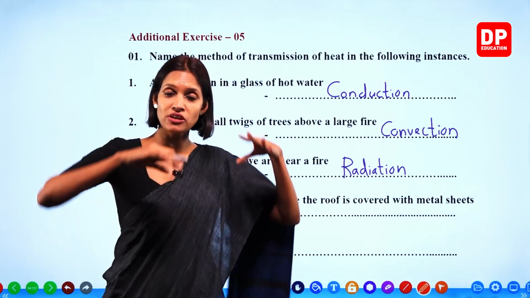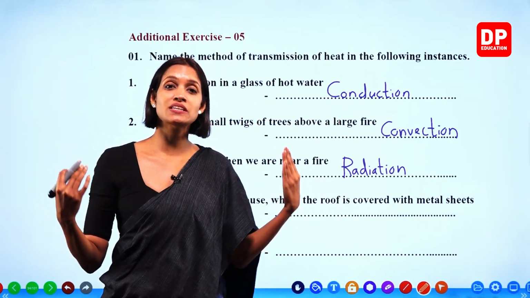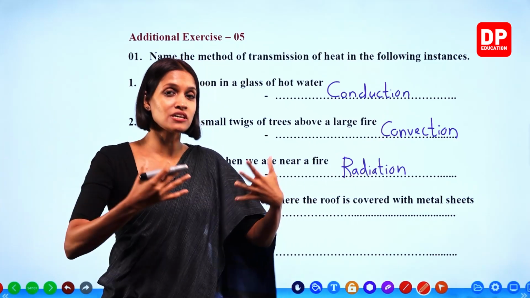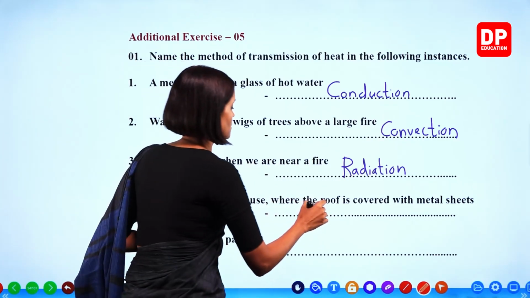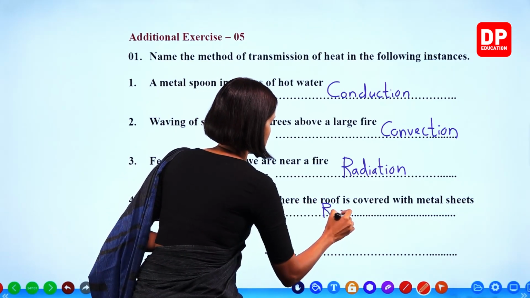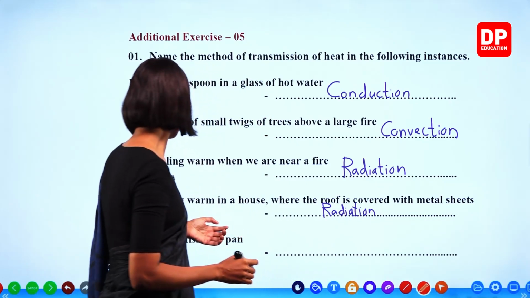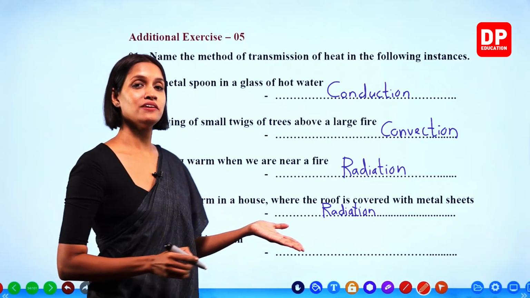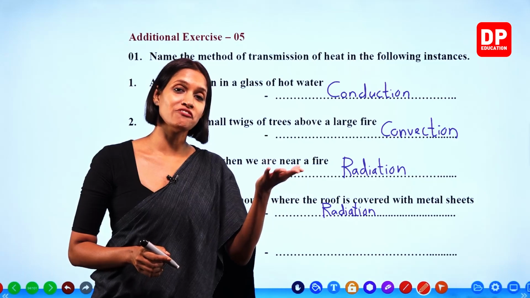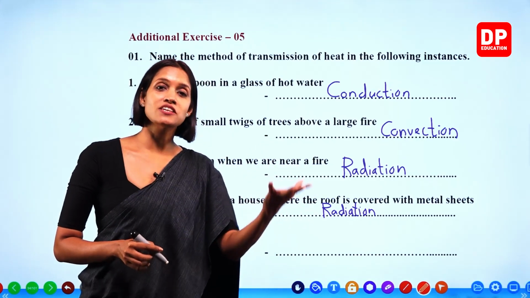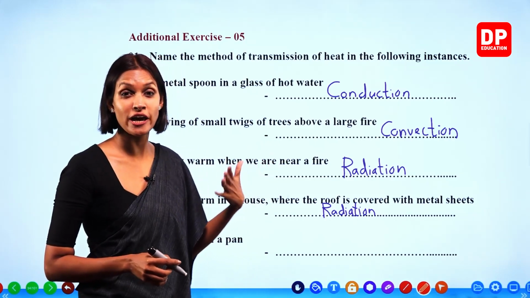Inside the house we feel it when the outside of the house gets heated up. That is also because of radiation. Radiation. Frying fish in a pan. When we use a pan to fry fish, the pan gets heated up and transmits heat to the fish, that is by conduction.